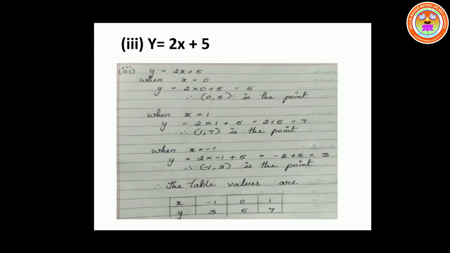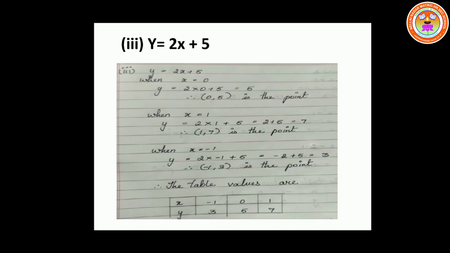When x is equal to 1, y is equal to 2 into 1 plus 5. So 2 plus 5 is 7. So 1 comma 7 is the point. When x is equal to minus 1, y is equal to 2 into minus 1 plus 5. So minus 2 plus 5 is equal to 3. Therefore minus 1 comma 3 is the point.